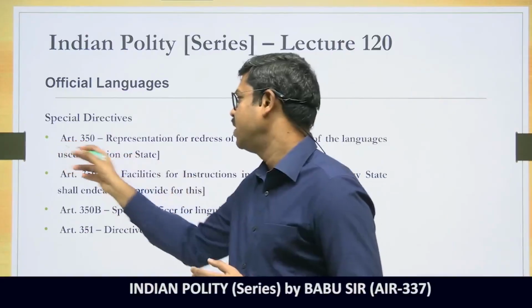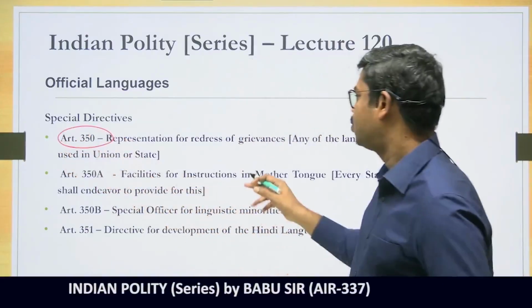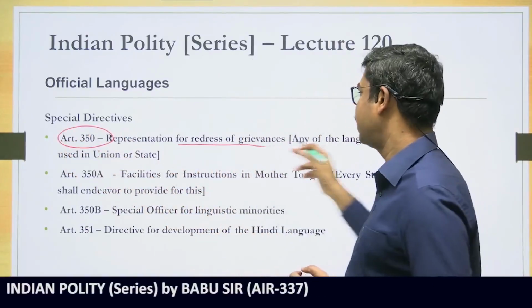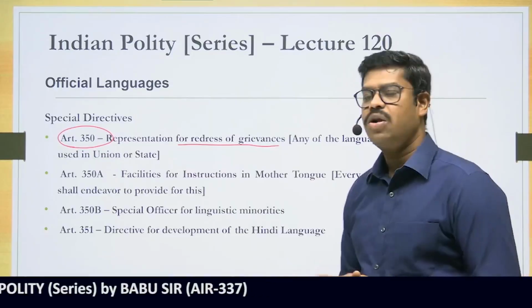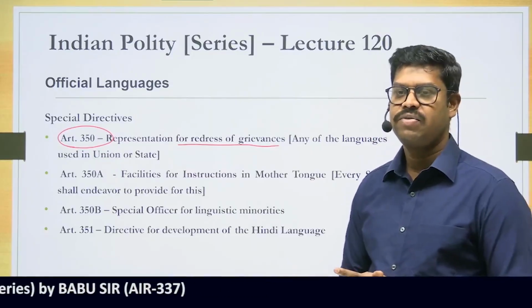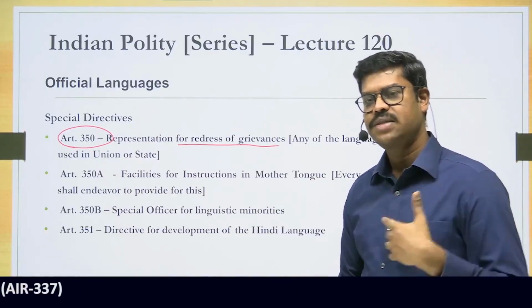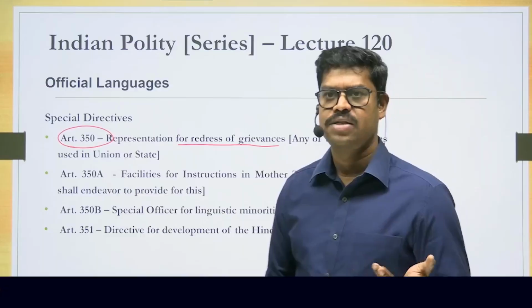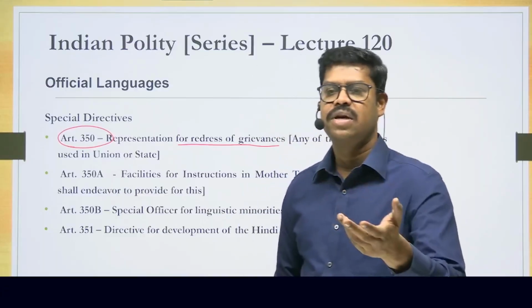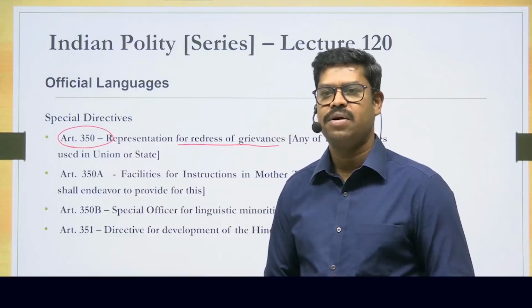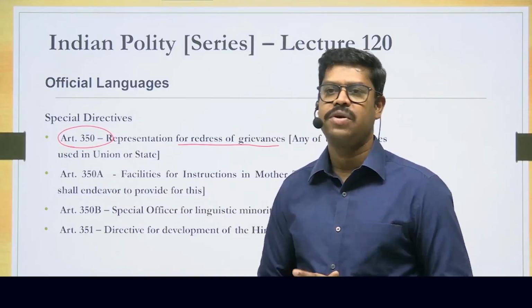One is Article 350 of the Constitution, which talks about representation for redress of grievances. So when you talk of representation for redress of grievances under Article 350 of the Constitution, as a citizen, if you have any problem, we can make our grievance to be redressed by the Parliament, by the government offices.